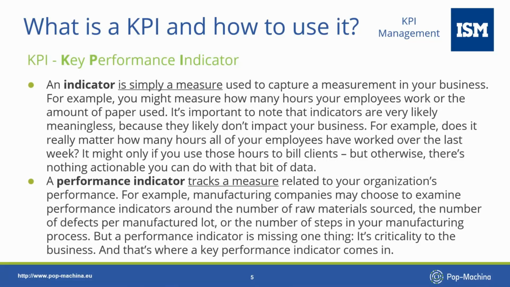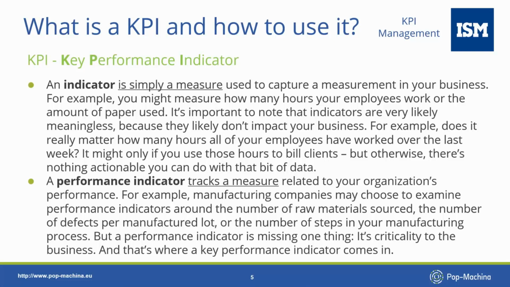Going to the second level, a performance indicator tracks a measure related to your organization's performance. Most of you maybe now think just about yourself, your startups, your ideas or teams. However, for example, manufacturing companies may choose to examine performance indicators around the number of raw materials sourced, the number of defects per manufacturer's lot, or the number of steps in the manufacturing process. But the performance indicator is missing one thing, and it's critical to the business.